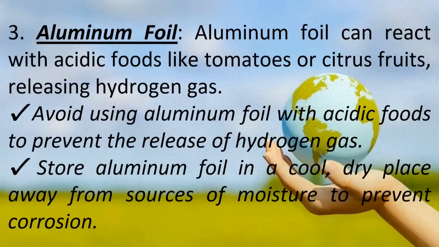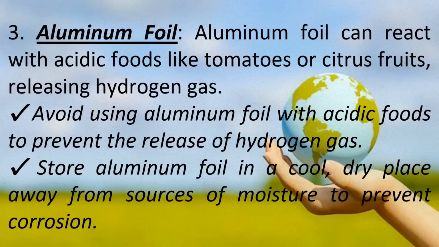Okay, next would be aluminum foil. Aluminum foil can react with acidic foods like tomatoes or citrus fruits, releasing hydrogen gas. Okay, how do we handle it properly? Avoid using aluminum foil with acidic foods to prevent the release of hydrogen gas. Store aluminum foil in a cool, dry place away from sources of moisture to prevent corrosion.